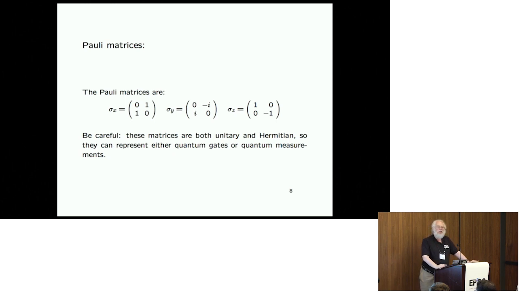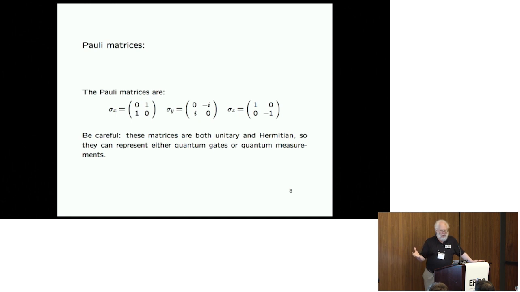One thing very confusing about these matrices is that they're both unitary and Hermitian. Quantum gates are represented by unitary matrices. Quantum measurements are represented by Hermitian matrices. So these matrices can represent either a gate or a measurement, and sigma x being used as a measurement is quite different from sigma x being used as a gate.